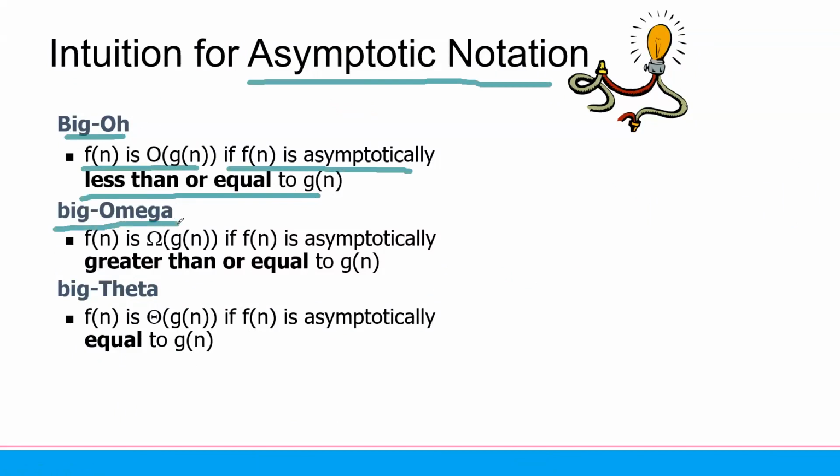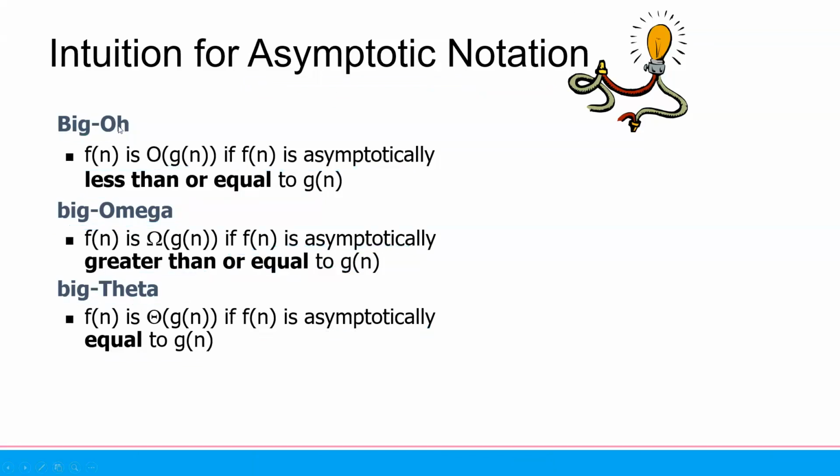If it is big omega, then Fn is asymptotically greater than or equal to Gn. If it is big theta, Fn is asymptotically equal to Gn. That's the intuitive way to define big O, big omega, and big theta.